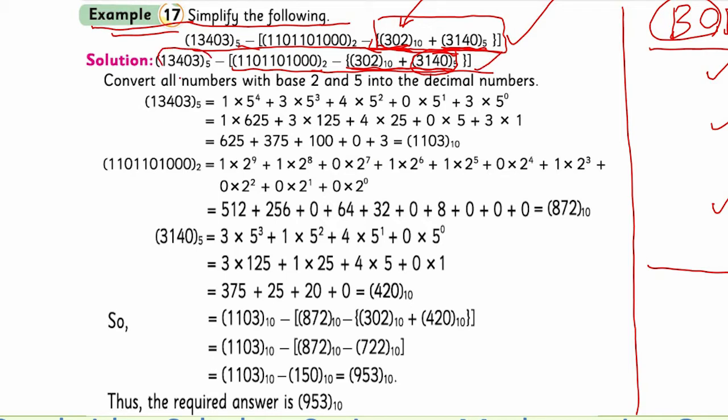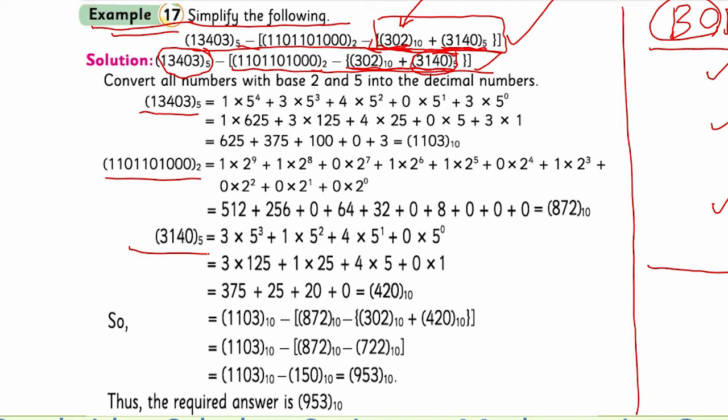At the end, convert this number 13403 with base 5 into base 10 number system and then add and subtract the result.